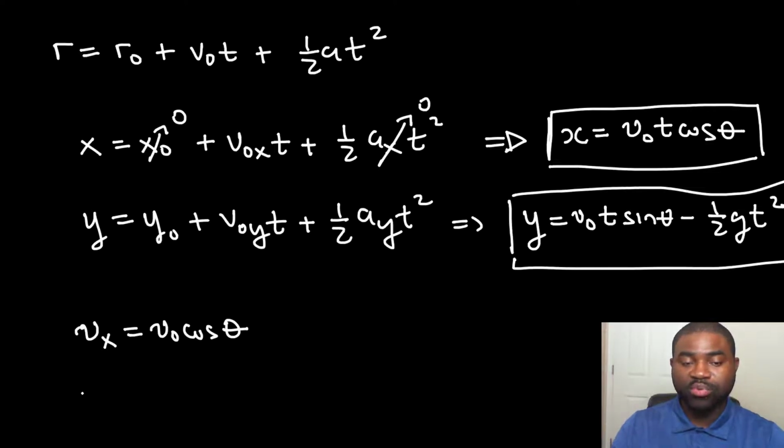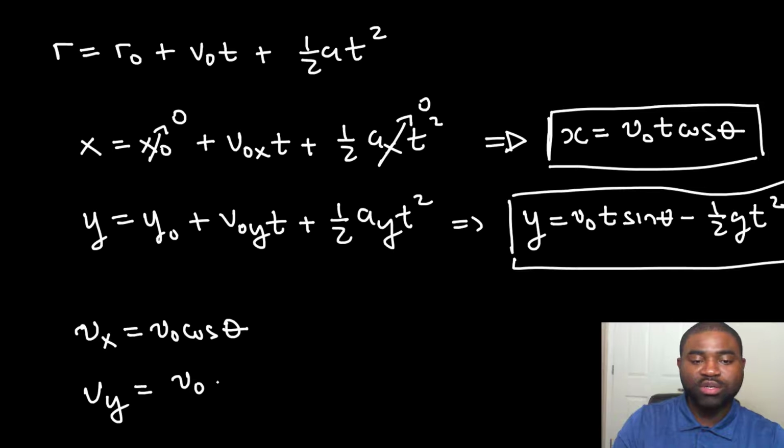If it's subtended with respect to the vertical, it's going to be V naught sine theta. So we have Vy is equal to V naught sine theta minus gt.